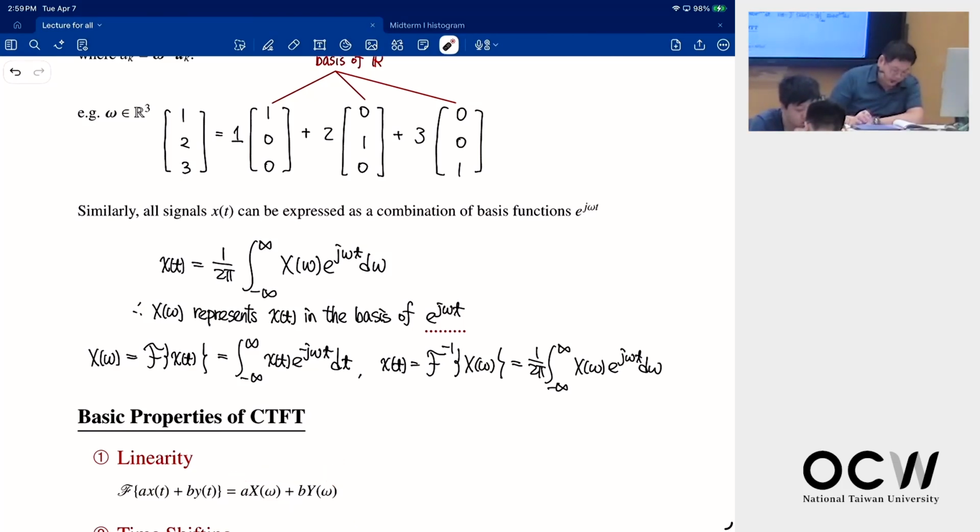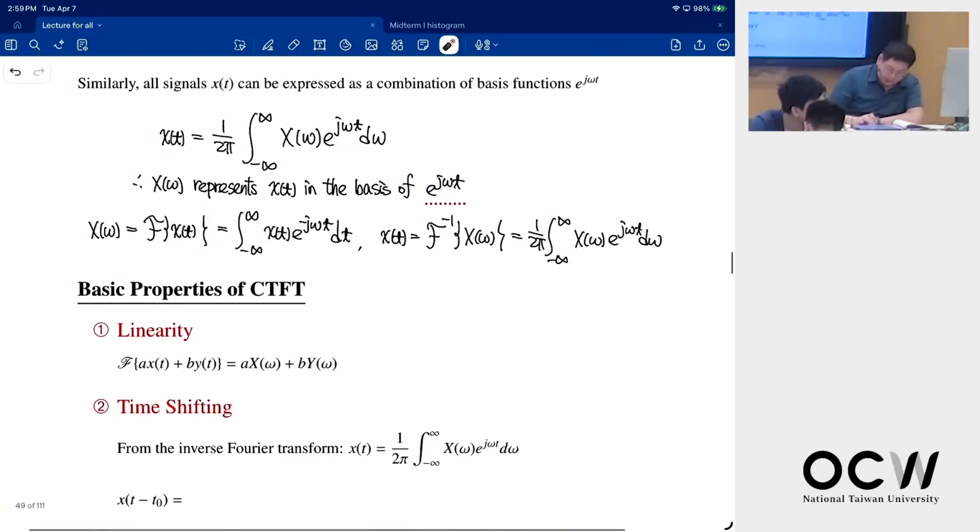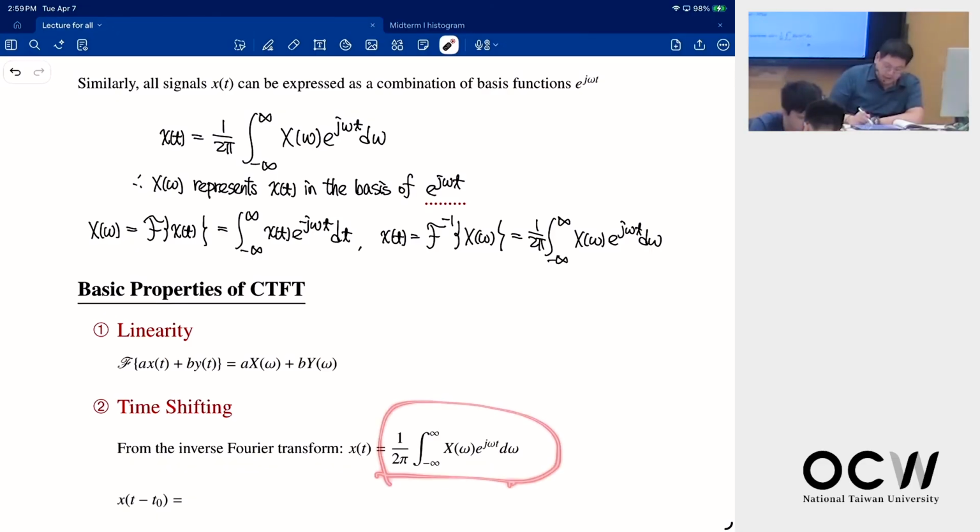Okay. Next, time shifting. For time shifting, let's see the inverse Fourier transform. You can also think of the inverse Fourier transform as how to express your signal as a combination of the basis functions.